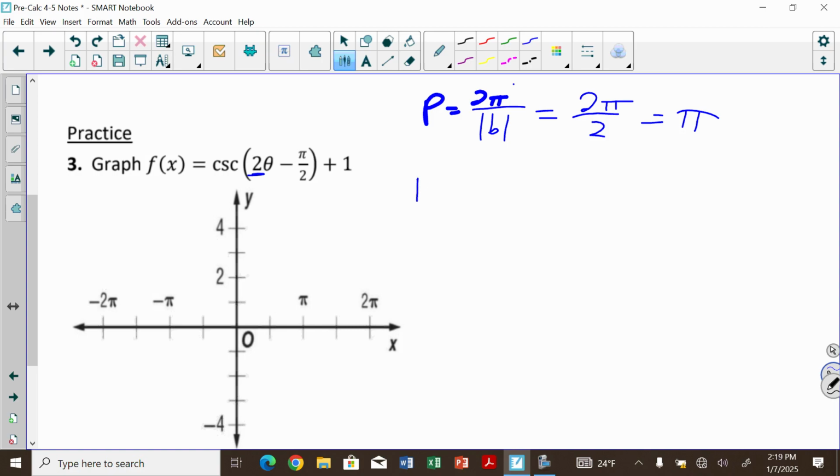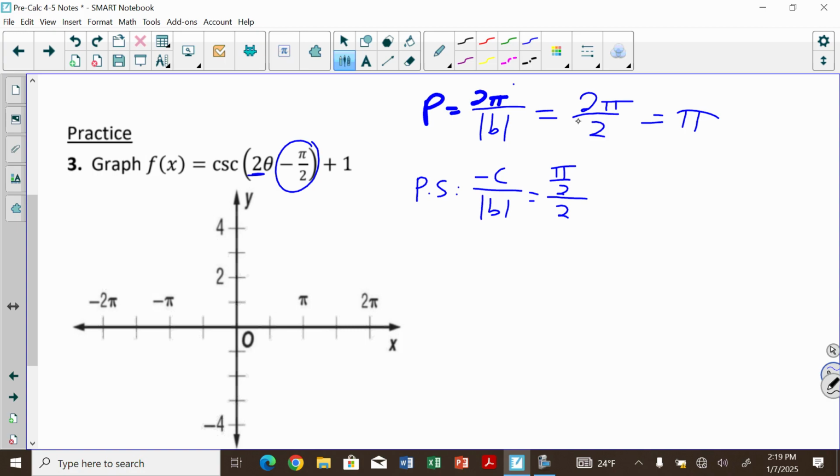Let's get our phase shift. Because we have this c value here, we have a phase shift, and remember, that's negative c over the absolute value of b. Our c value is negative pi over 2, so the opposite of that is pi over 2, over 2.